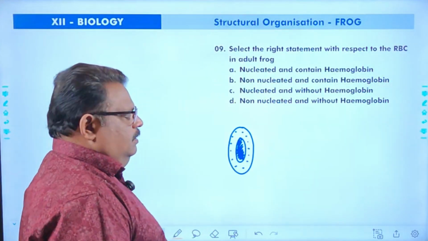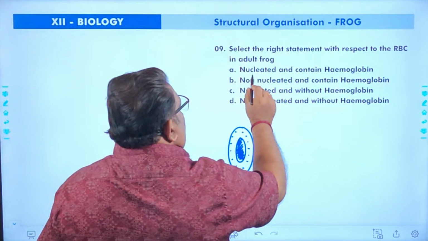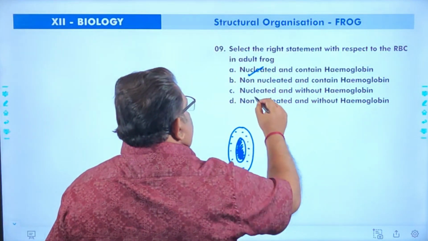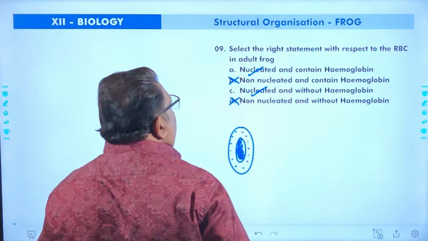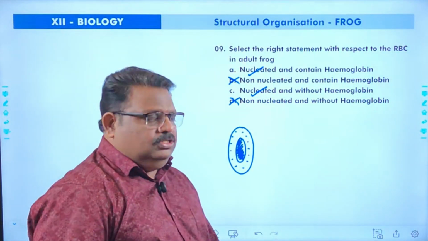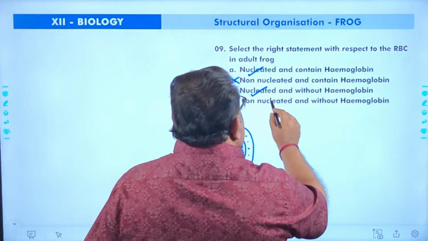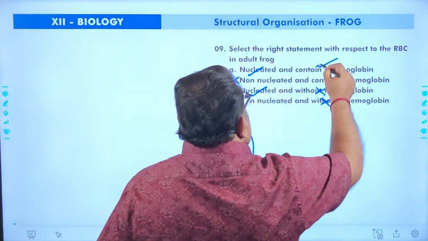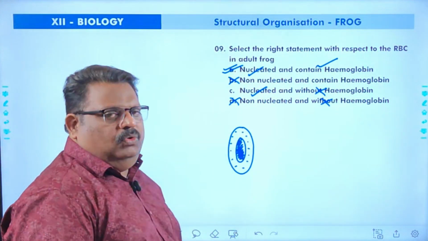So adult frog RBCs are nucleated. Non-nucleated RBC will be seen in humans. Without hemoglobin, not. They contain hemoglobin. So the answer will be A. They are nucleated and with the hemoglobin.